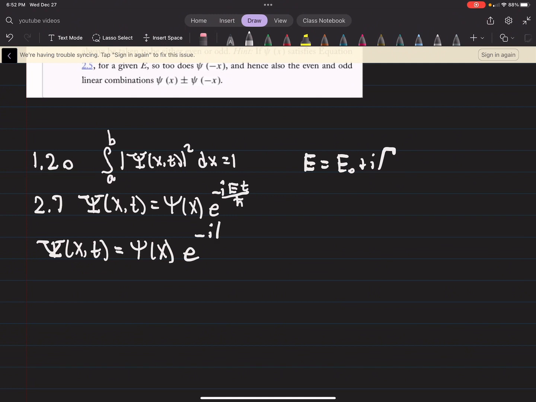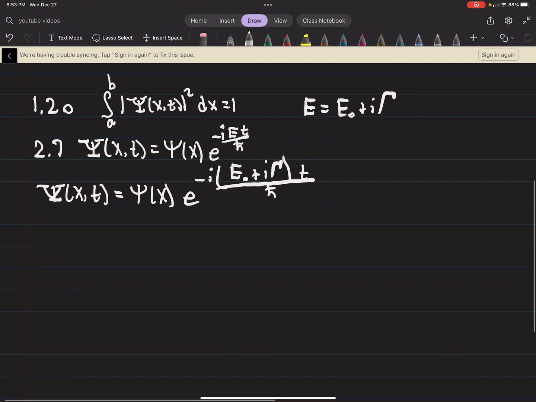So minus i times, our E is now a complex term, and we're going to express it as such, all over h bar. And now we can plug that into equation 1.20.